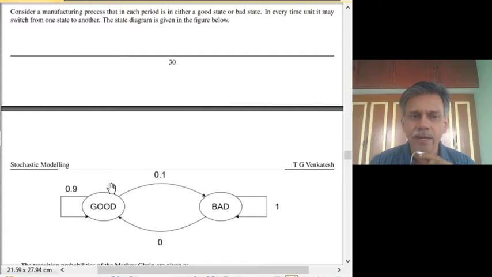Else it will get into the bad state with a probability 0.1. Similarly, if the machine is in a bad state at one time step wherein it manufactures one item, in the next time step it may continue to be in the bad state with a probability 1, and therefore the probability of switching back to the good state is 0. So this is a simple model that we use. We could have used some other transition probabilities also.